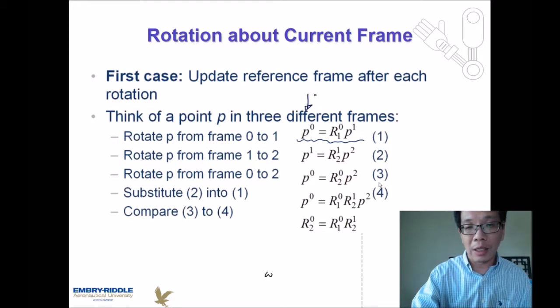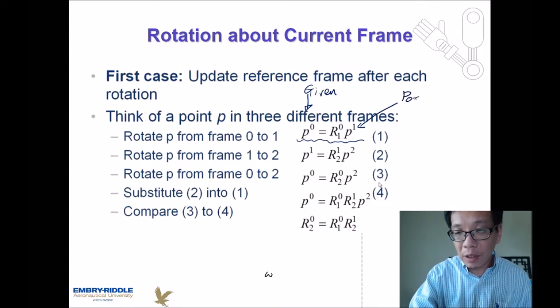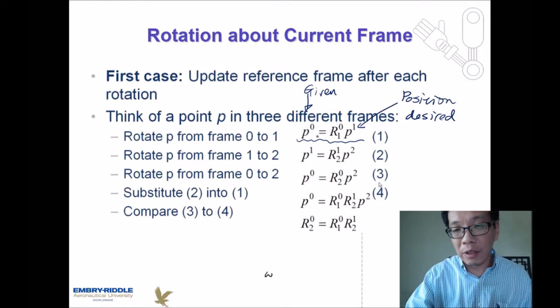Keep in mind this is a given position, and this one over here is the position we want to derive. So we know this one is converted from frame 0 to frame 1.